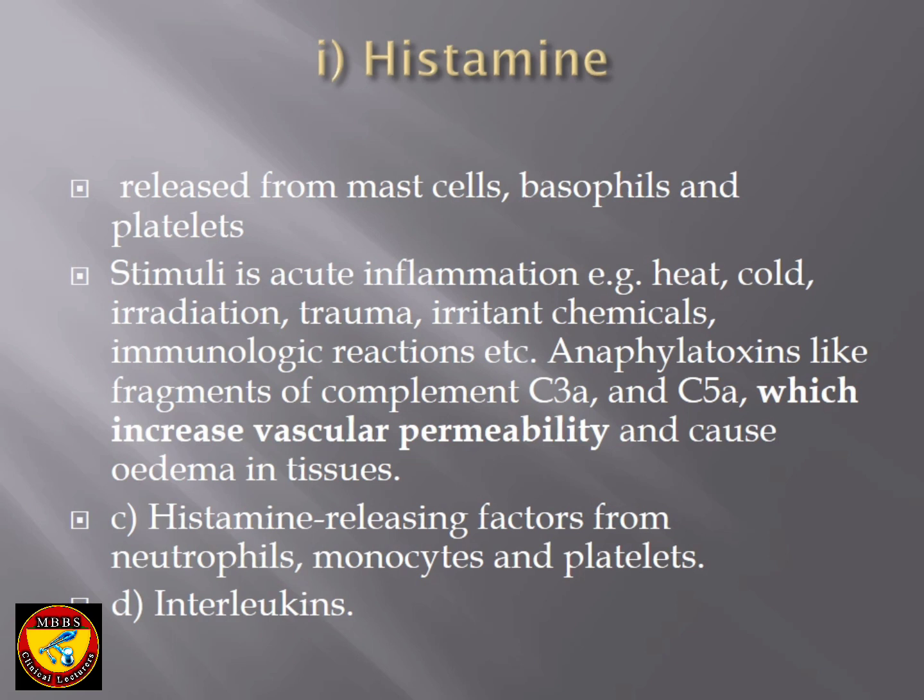So histamine is released from mast cells, basophils, and platelets, and the stimulus on which histamine is released is mostly acute inflammation, in which we have heat and cold or irradiations, due to any trauma, due to any irritant chemicals, or it could be related to an immunological reaction. These are all the causes of acute inflammation.